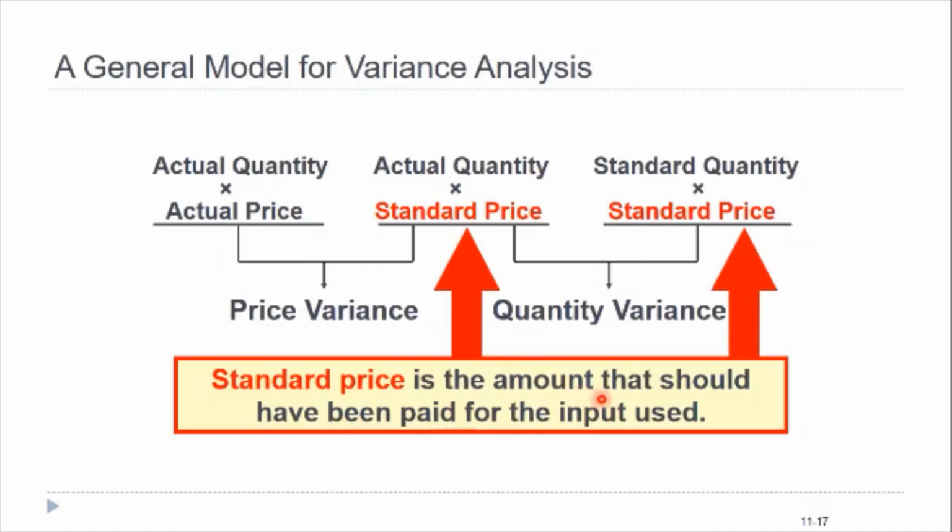Standard price is the amount that should have been paid for the input used. Okay, so you may budget a price here, but when you actually start to produce, you get a different price for the raw material, the labor, or the overheads.